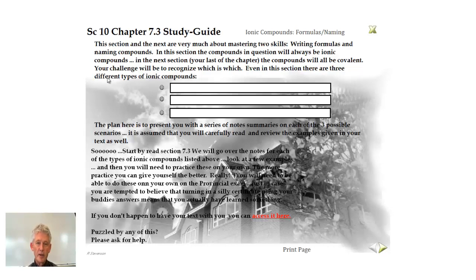So the types of ionic compounds you need to be able to figure out how to write formulas for and name are the binary ionic compounds, basically just two, a metal and a nonmetal. Ionic compounds that have multivalent ions. You may remember from Science 9 having to write names like lead 4 chloride or iron 3 sulfate, where you have different possibilities, more than one valence.